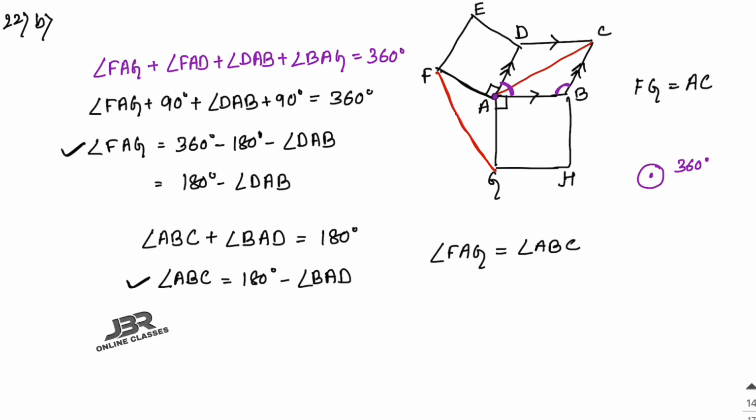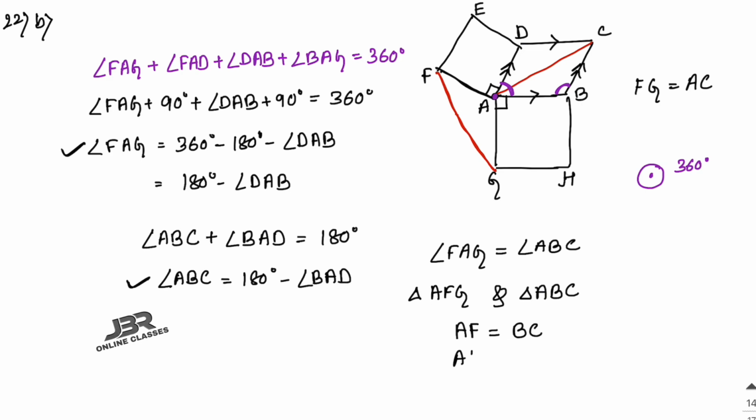Now from the triangle AFG and the triangle ABC, in these two triangles, AF is equal to BC, because both FADE and ABCD are squares on the same side DA, so that is equal.